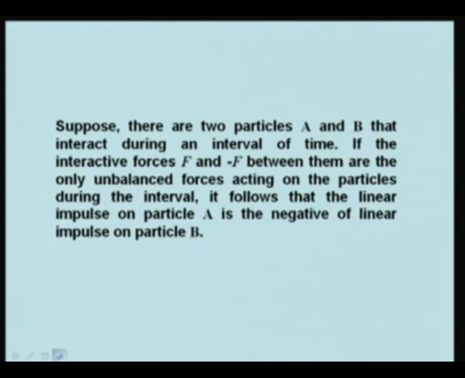So, suppose there are two particles A and B that interact during an interval of time. If the interactive forces F and minus F between them are the only unbalanced forces acting on the particles during the interval, it follows that the linear impulse on particle A is the negative of the linear impulse on particle B. Here I am using the word interaction.